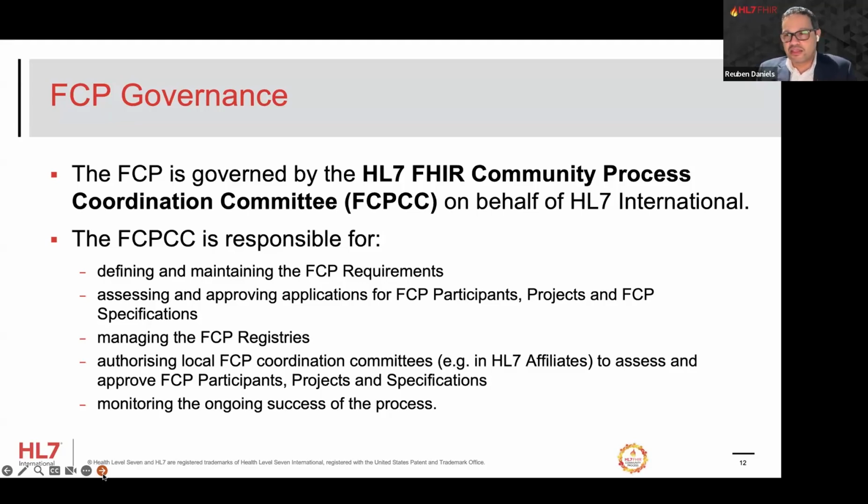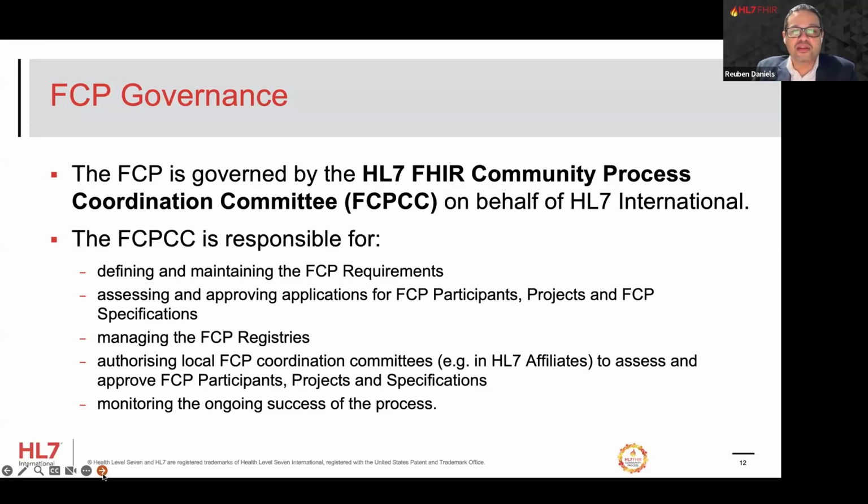So far, we have one of these in the HL7 Australia, HL7 affiliate, and that then enables those committees to assess and approve FCP participants' projects and specifications within their realm or region of influence and under specific conditions. That just spreads the governance burden more globally, but of course always leaves the FCPCC as the ultimate responsible party for overall global governance of the FCP.